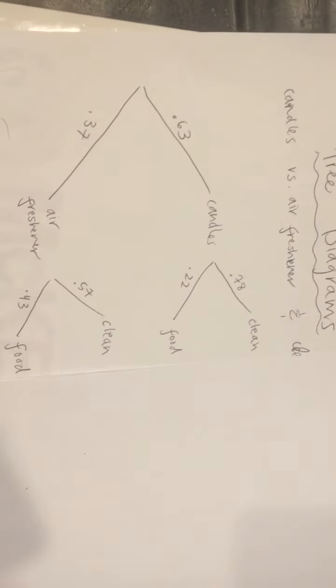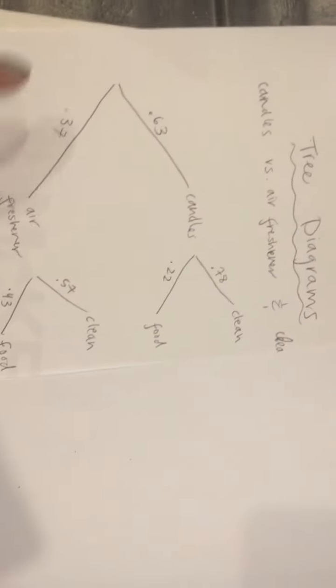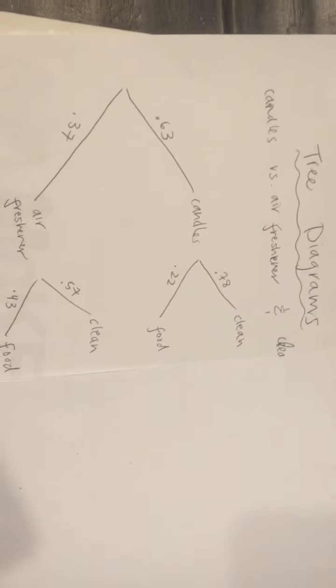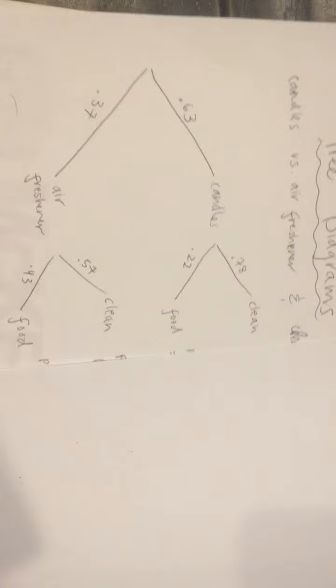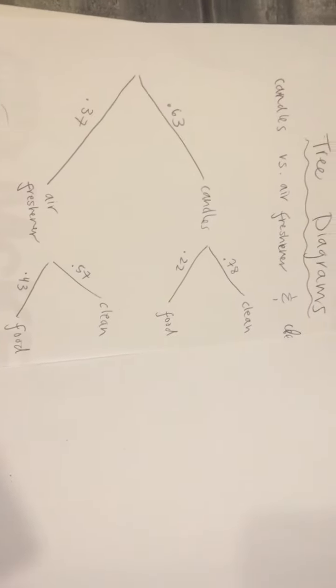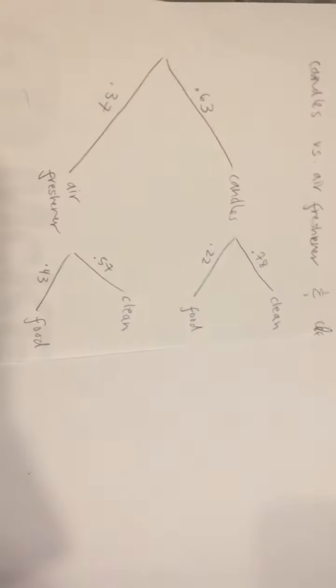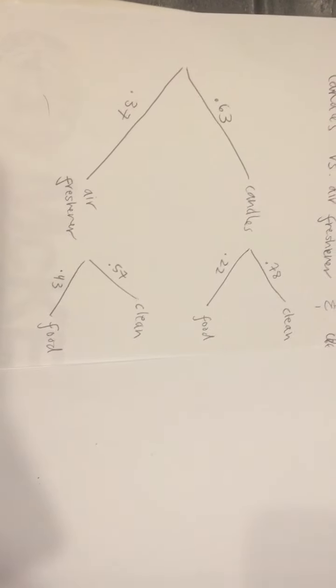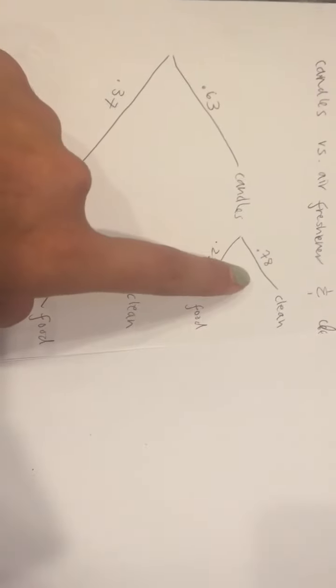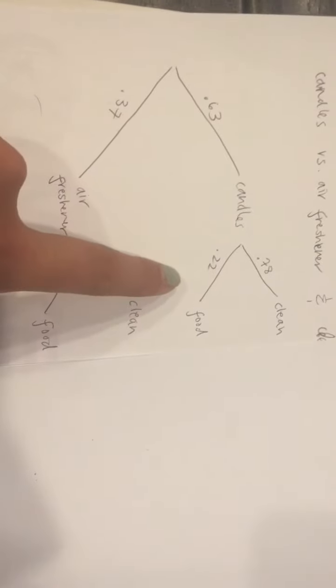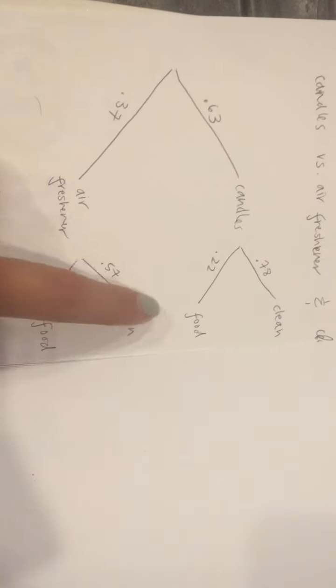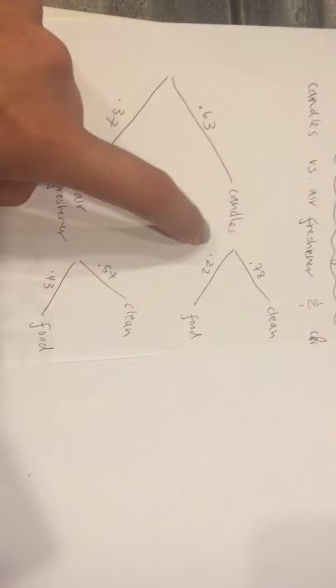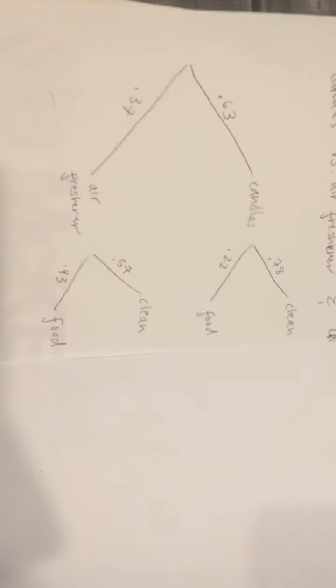So say 63% of our population uses candles. Now we have to determine if they like clean scents or food scents. According to our study, 78% of them enjoy clean scents and 22% enjoy food scents. Again, notice that 0.78 plus 0.22 equals 1.